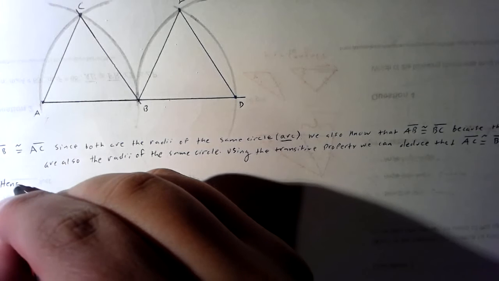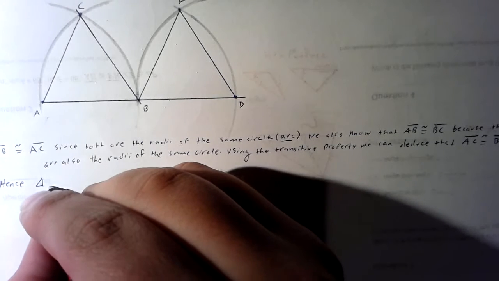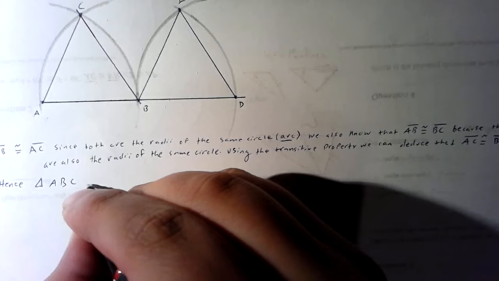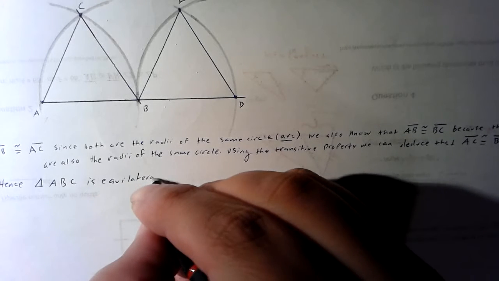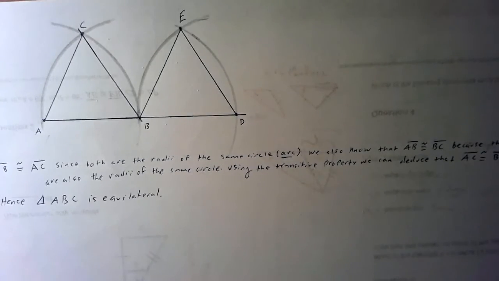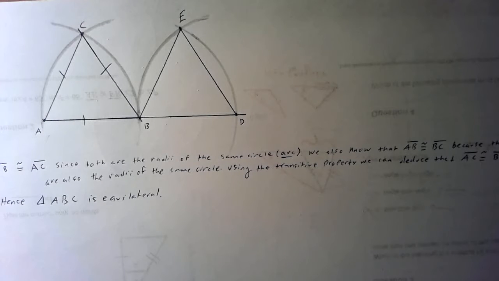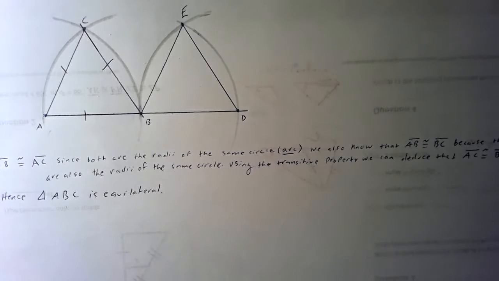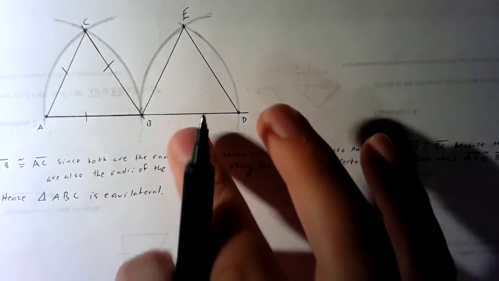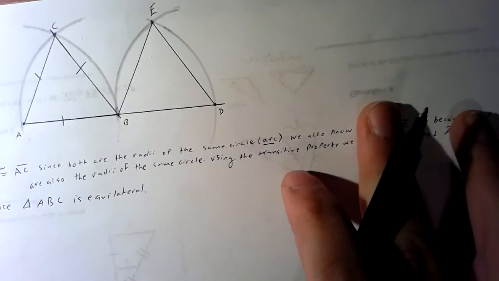Hence, triangle ABC is equilateral. Okay. I'm going to draw them like that. Okay. Alright, so we've established that triangle ABC is an equilateral triangle. Now we use an analogous argument for the triangle on the right side.